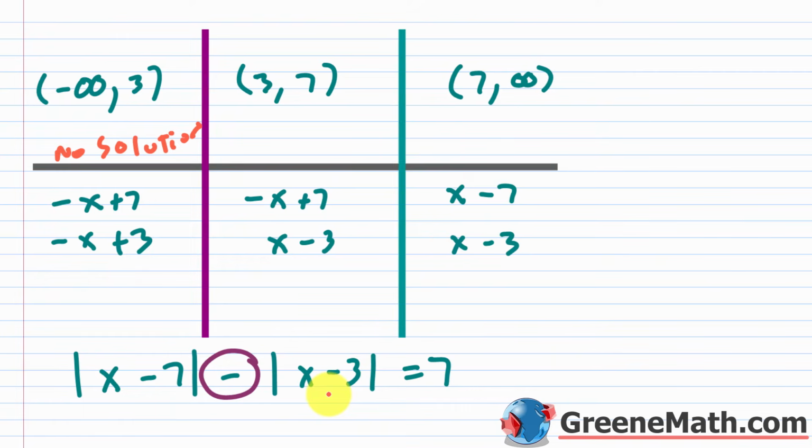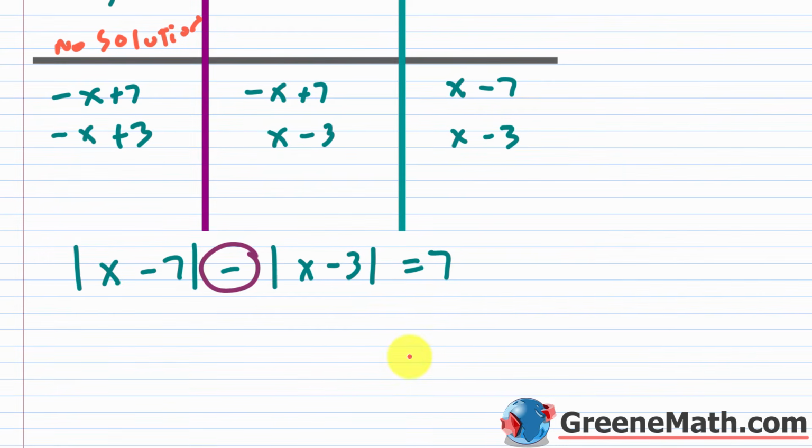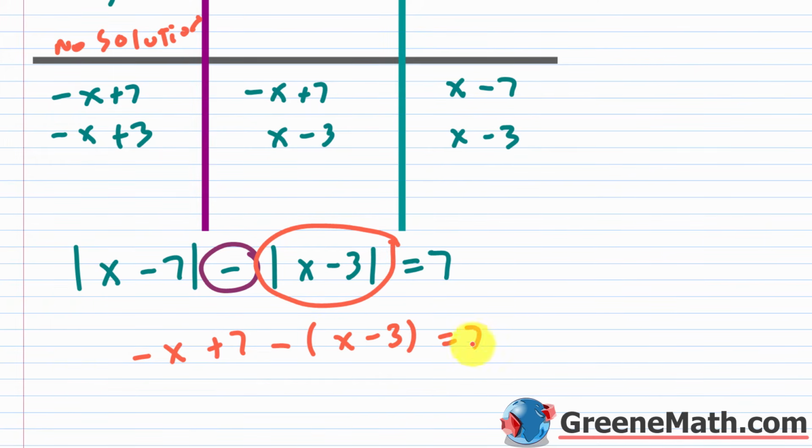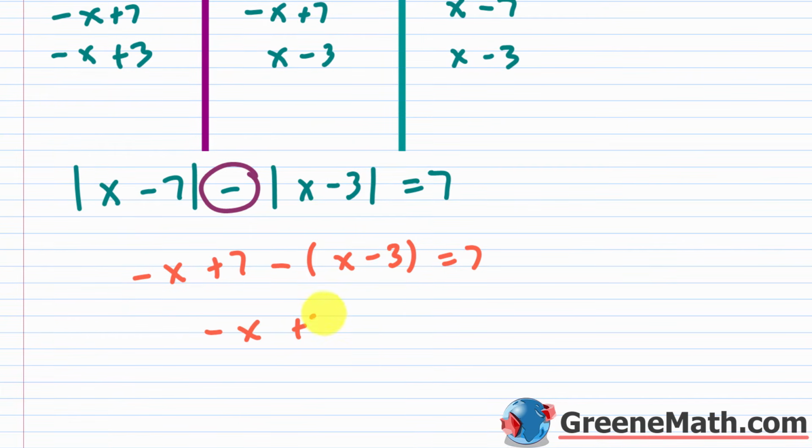Okay. For the next guy, we're trying to get between 3 and 7. So this is negative x plus 7, and then minus. Again, you have to be careful here. You're plugging in an x minus 3 where this is right here, but you have to wrap it in parentheses. You have to subtract the whole thing away. That's very important. So this would give me negative x and then plus 7, and then basically minus x and then plus 3, and this equals 7.